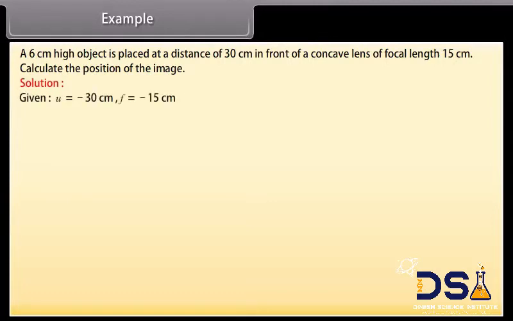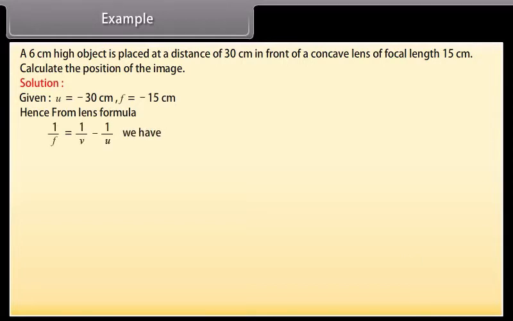Solution. Given u is equal to minus 30 centimeters, f is equal to minus 15 centimeters. Hence, from lens formula, 1 upon f is equal to 1 upon v minus 1 upon u.